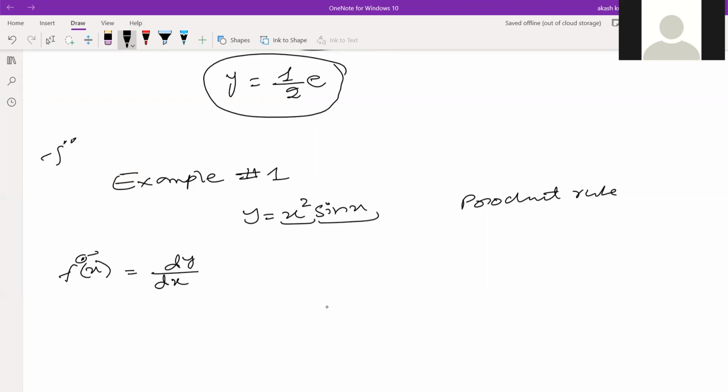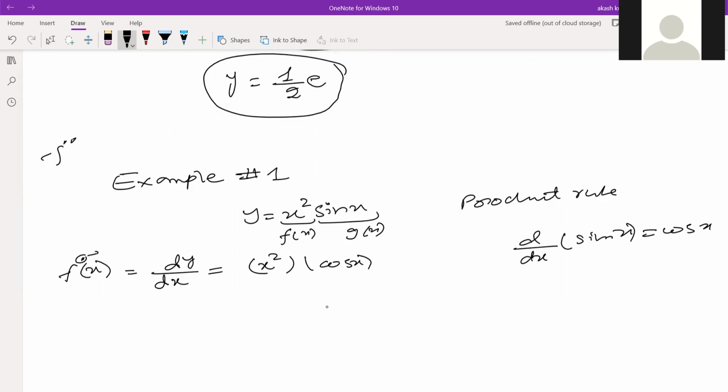So dy over dx equals the formula for multiplication. It's going to be f(x) and g(x): we derive one and leave the other as it is, and then we switch. So x square as it is, and we take the derivative of sine x, which is cos x.